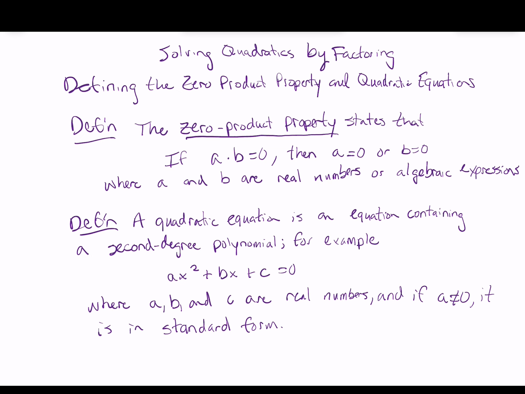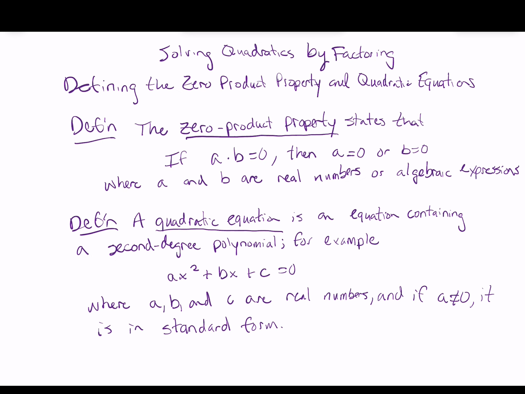Now let's define a quadratic equation. A quadratic equation is an equation containing a second-degree polynomial. For example, ax squared plus bx plus c equal to 0 is a quadratic equation where a, b, and c are real numbers. And if a is not equal to 0, this equation is in standard form.